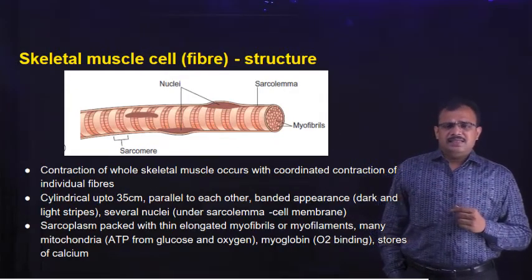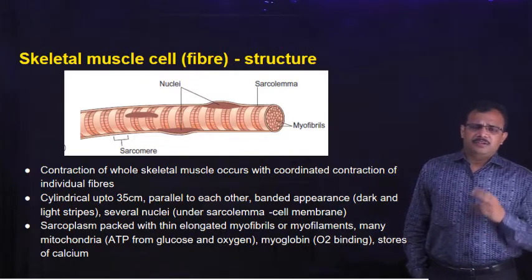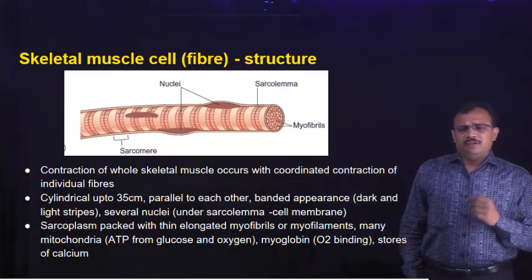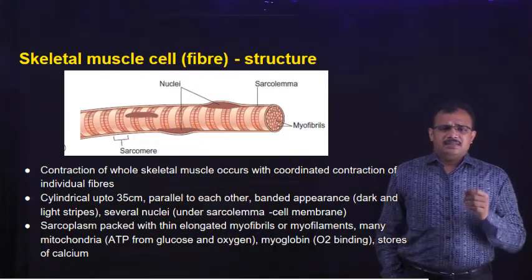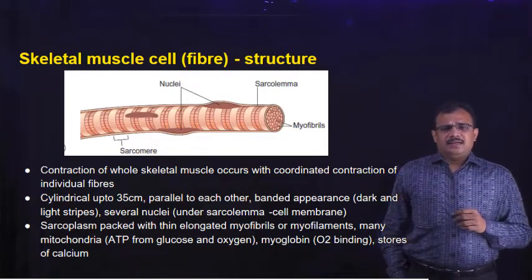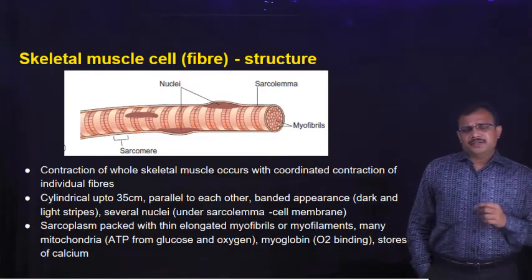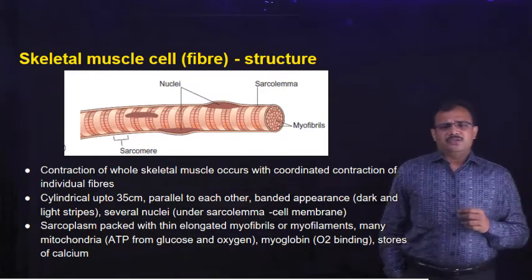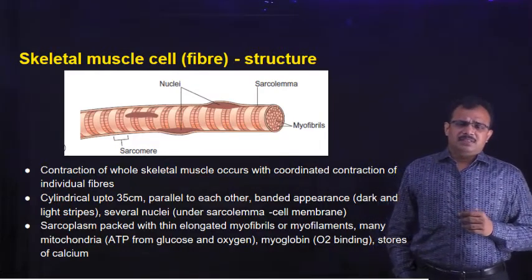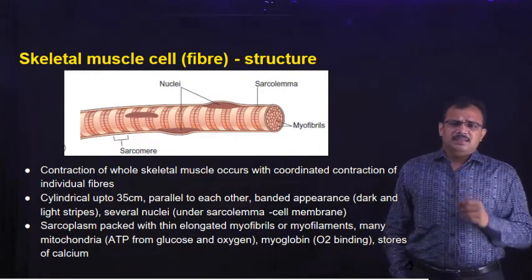Generally there are two different types of myofilaments present in the sarcoplasm: actin and myosin.